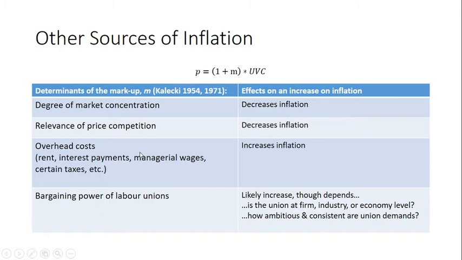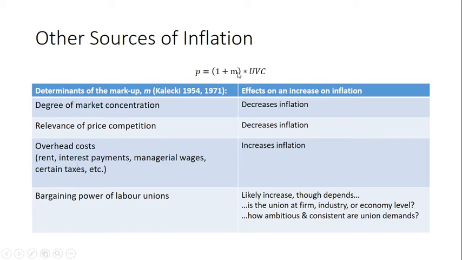If you think of the higher ups, the white collar workers, they're often employed on a salary basis rather than on a per hour basis, so their pay is not necessarily connected to the output that is produced. And we could think of certain taxes and so on, but I think the first three are the most important. And if those costs go up, a bit like unit variable costs, the markup must increase in order to be able to pay off these overhead fixed costs.